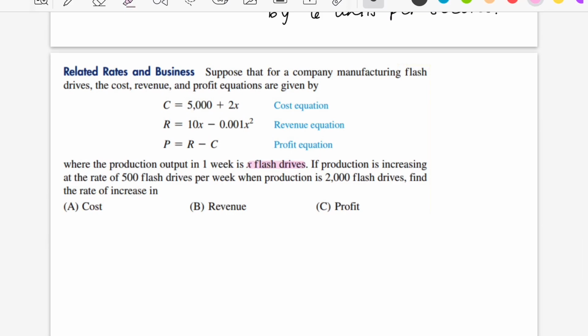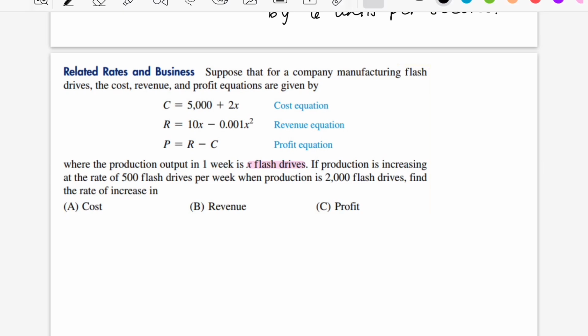So we're looking at essentially the amount of flash drives is changing over time. So this tells us that the production is going to be a function of time. So t is our independent variable in this example as well. And so this means our cost, our revenue, and our profit are all going to be dependent upon time, so they're all going to be functions of time.